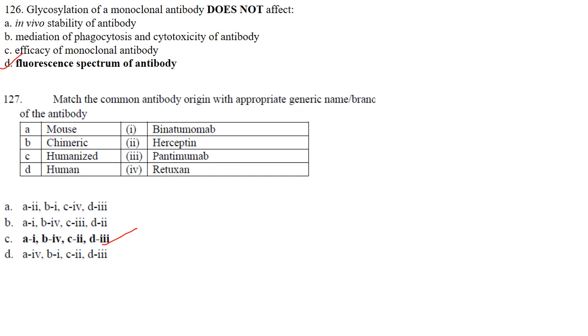So mouse is blinatumomab. Chimeric is Rituxan. Humanized is Herceptin and human is panitumumab. So the answer here is option C, that is A1, B4, C2, D3.